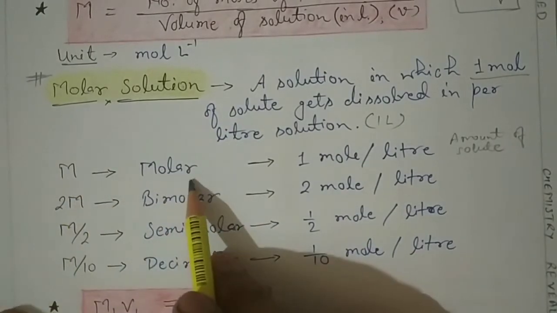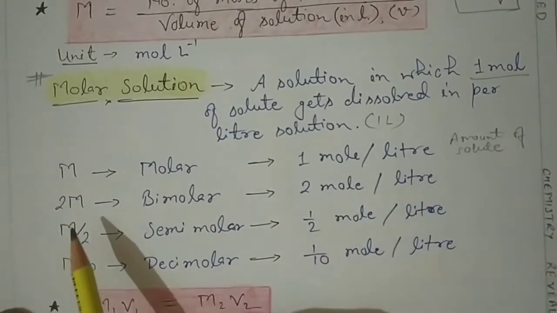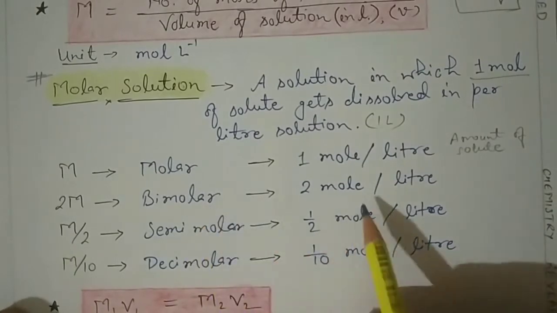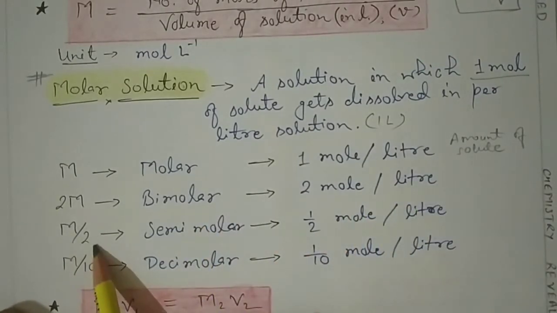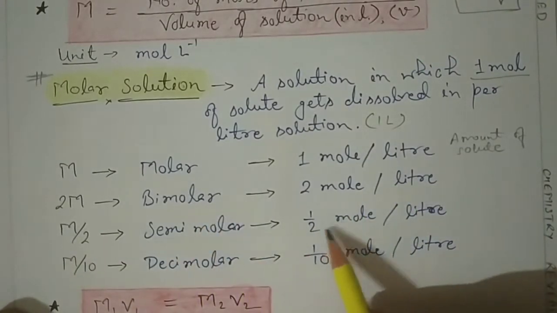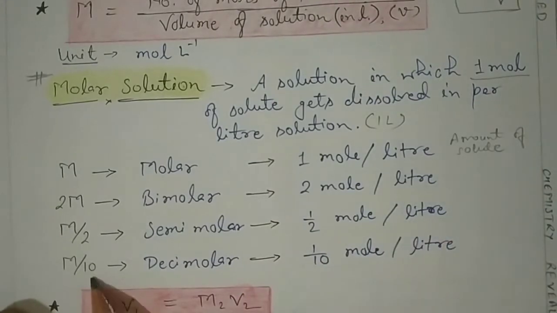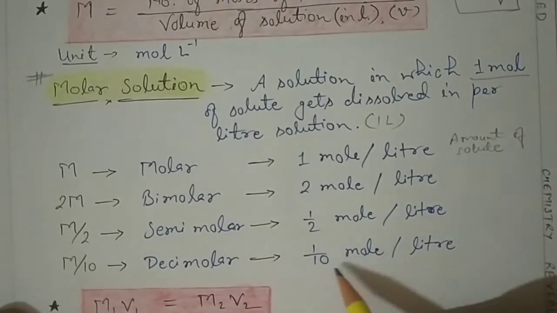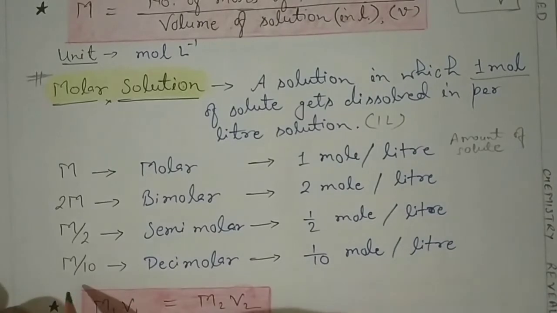So M represents molar, that is 1 mole in 1 liter. 2M means bimolar, that is 2 moles per liter. M by 2 means semi-molar, that is 1 by 2 mole per liter. M by 10 is decimolar, that is 1 by 10 mole per liter. Similarly, we can take M by 100, centimolar, 1 upon 100 mole per liter.